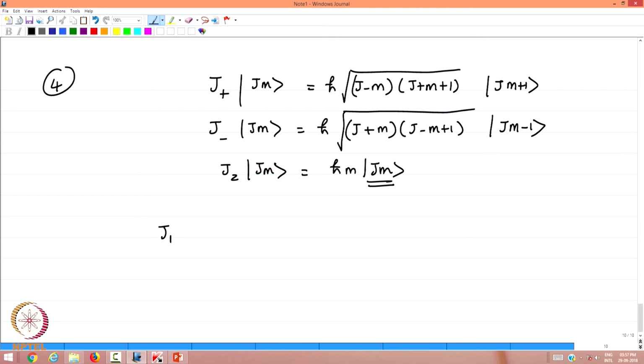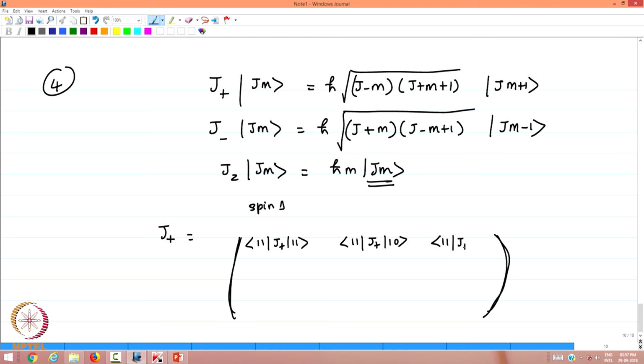Therefore, for the j plus matrix, if you have to do this for spin 1, the matrix will be given by these 3 by 3 matrix quantities: 1 1 j plus 1 1, 1 1 j plus 1 0, and 1 1 j plus 1 minus 1, and this is the basis function 1 1. The row is along 1 1 and the columns all contain different basis functions.